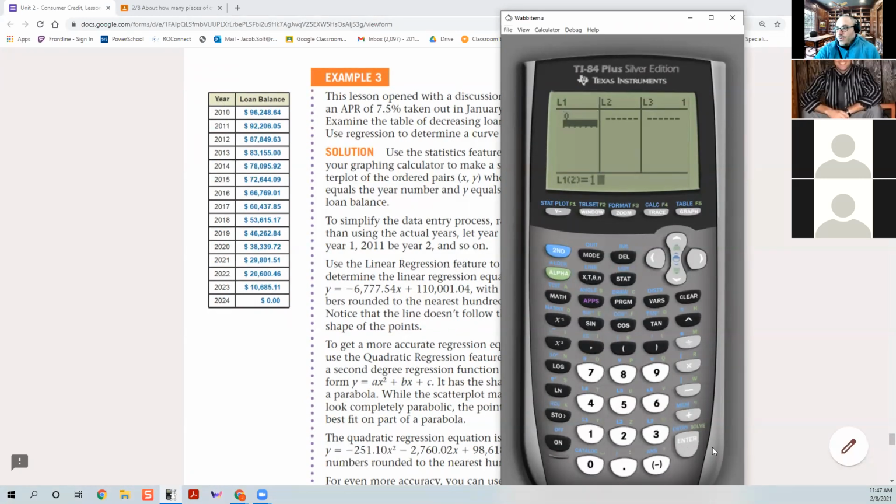I'm going to count. 0, 1, 2, 3, 4, 5, 6, 7, 8, 9, 10. How many of these do I need? I need 12, don't I? Because there's 12 months. Or do I need more than that?